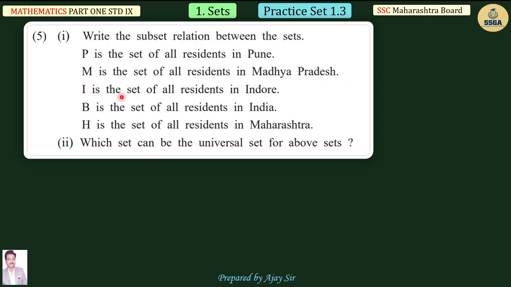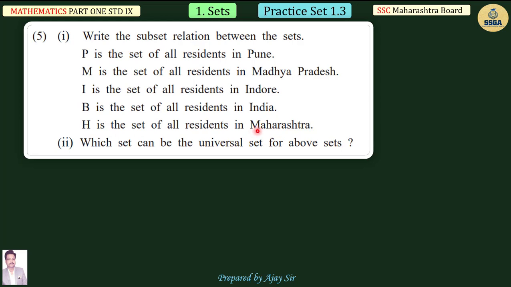Letter I is the set of all residents in Indore. B is the set of all residents in India. H is the set of all residents in Maharashtra. So these are all the subset relations you have to find.